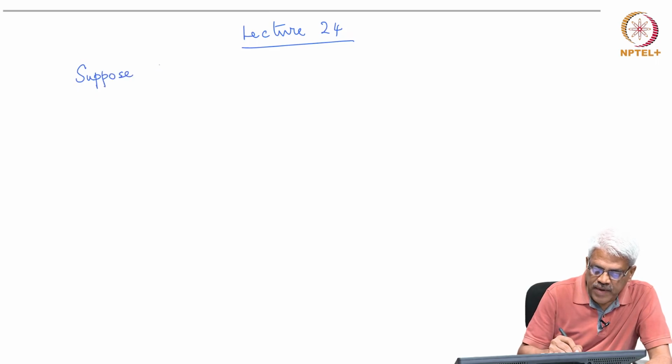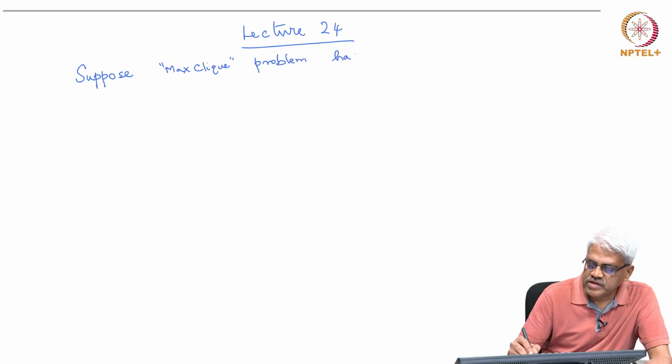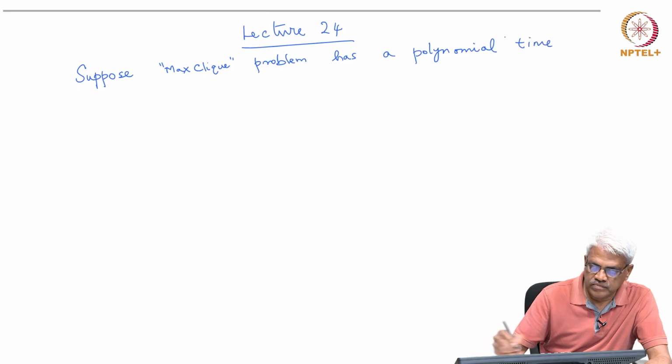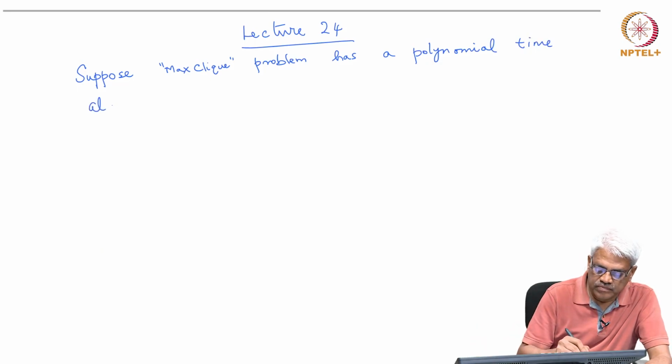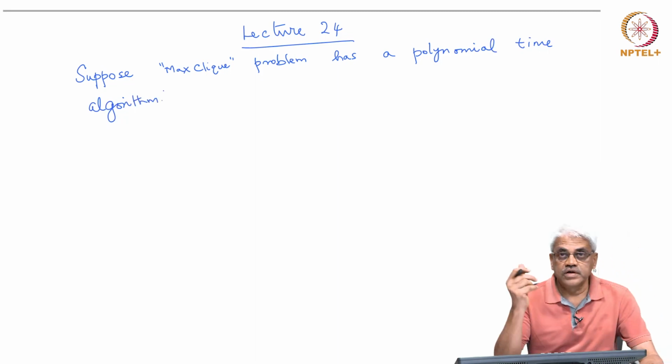Suppose the max clique problem has a polynomial time algorithm. It's a major open problem.